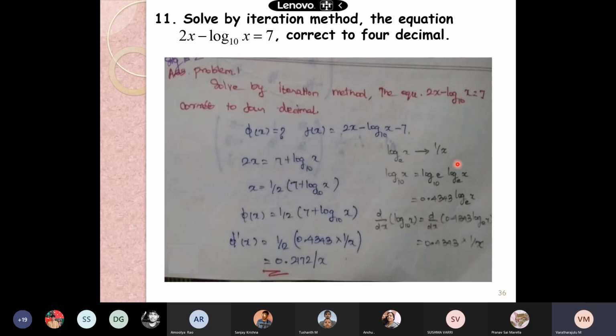For doing differentiation, as already stated, and since I asked and Anshu replied, the derivative of log base e x, that is ln x, is 1 by x. For log base 10 x, we know that log a base b returns log a base c divided by log b base c.